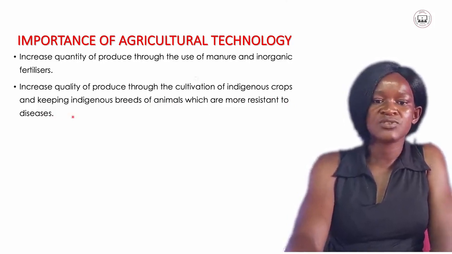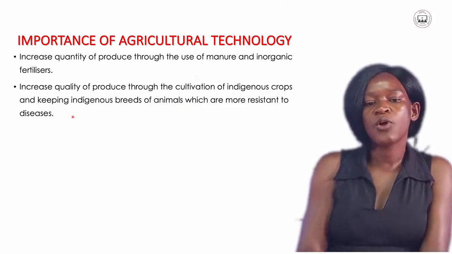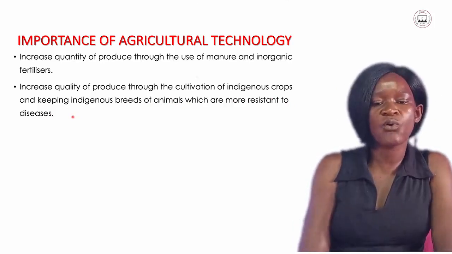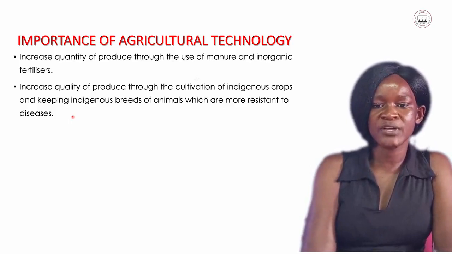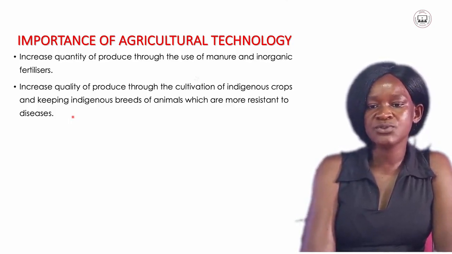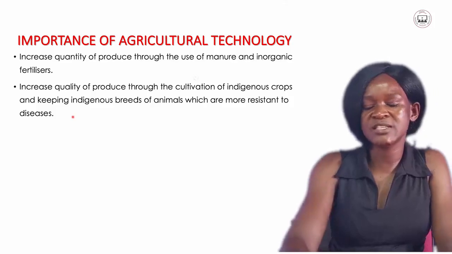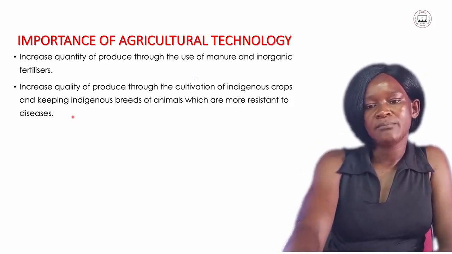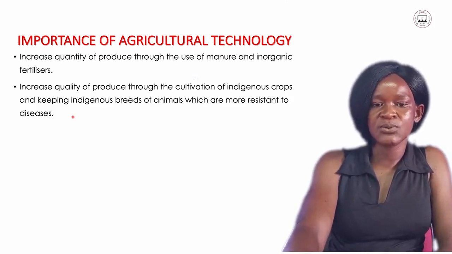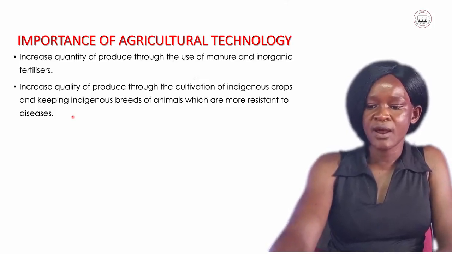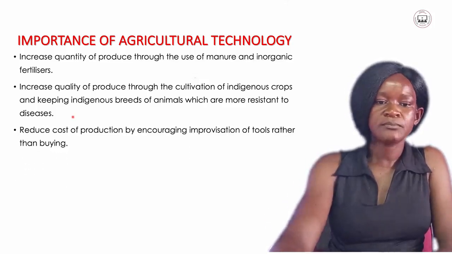So agricultural technology will also help to improve quality of produce, since there is also the use of indigenous crops as well as indigenous breeds which resist diseases. So the produce out of those indigenous crops is of high quality.